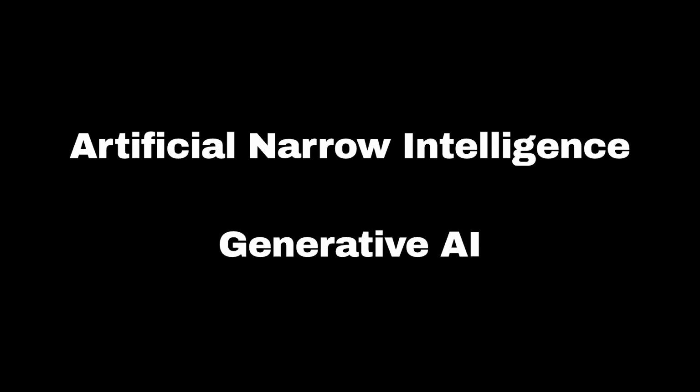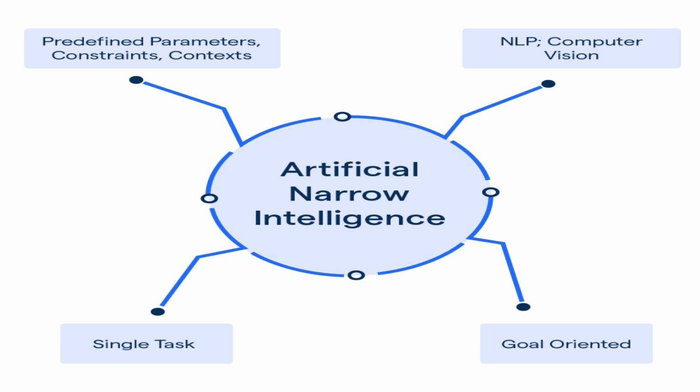Much of the AI that we know and want to discuss today is based on two main things: artificial narrow intelligence and generative AI. The main value we see in AI today is coming from artificial narrow intelligence. These are systems that do one thing, and that one thing they do very well.